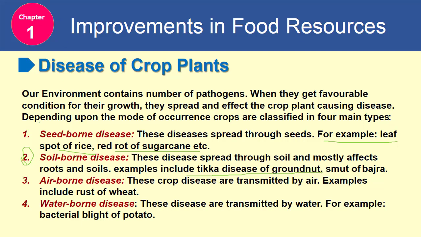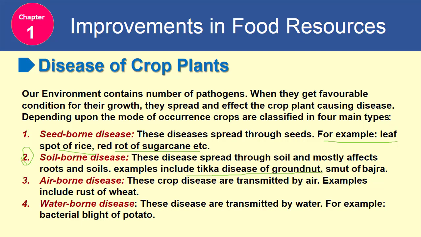Let me remind you another time. First is seed-borne disease. It spreads through seeds and the examples are leaf spot of rice and red dot of sugarcane. Second is soil-borne disease. These diseases spread through soil and affect roots and soils, and the examples include tikka disease of groundnut.